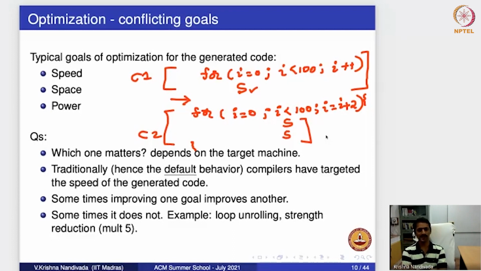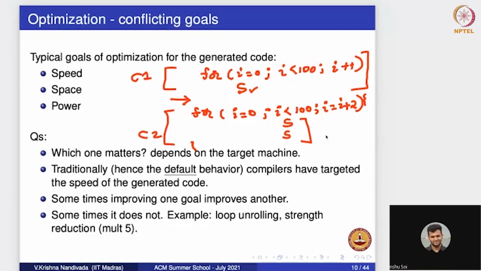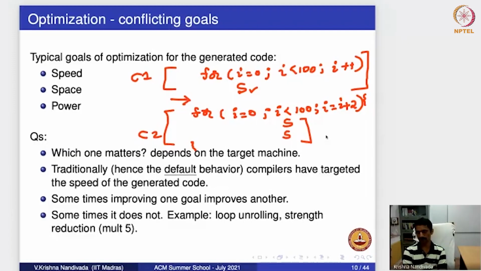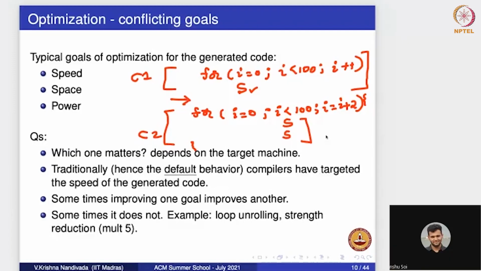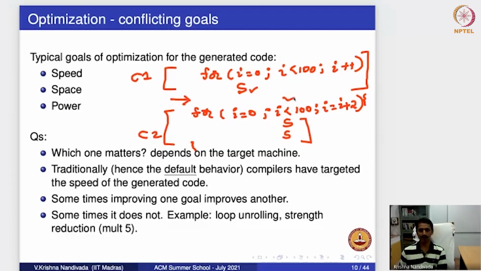What's the advantage or disadvantage of C2 over C1? You have to do the check less in C2. i less than 100 will get checked a lesser number of times. And the increment is also done fewer times.